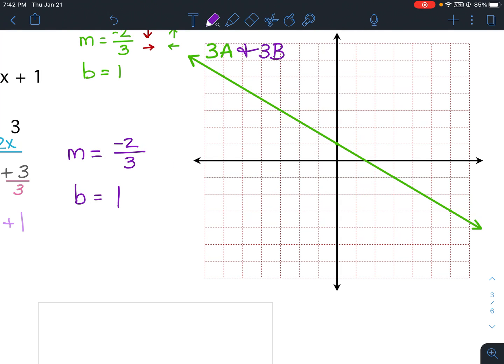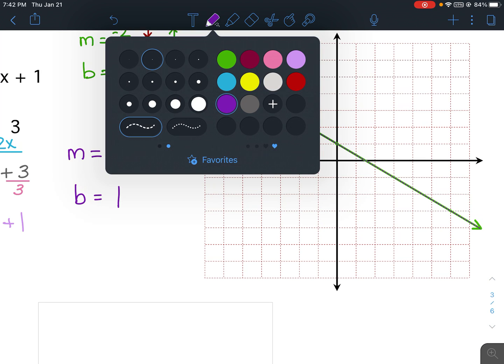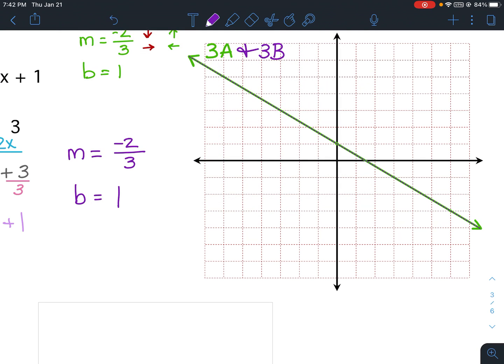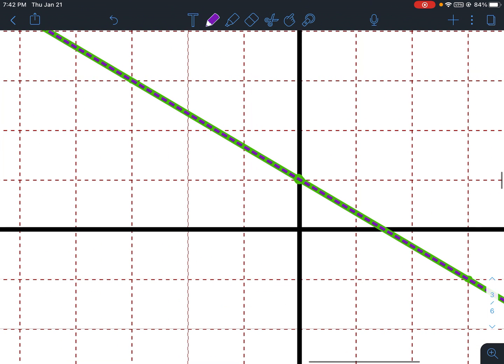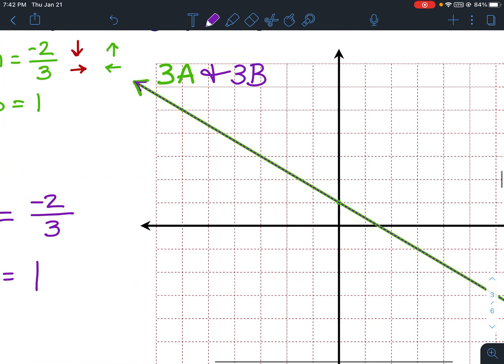Okay. So if I blow it up a little bit, you could see the solid green line was 3A, the dotted purple line is 3B, but they are the same line.